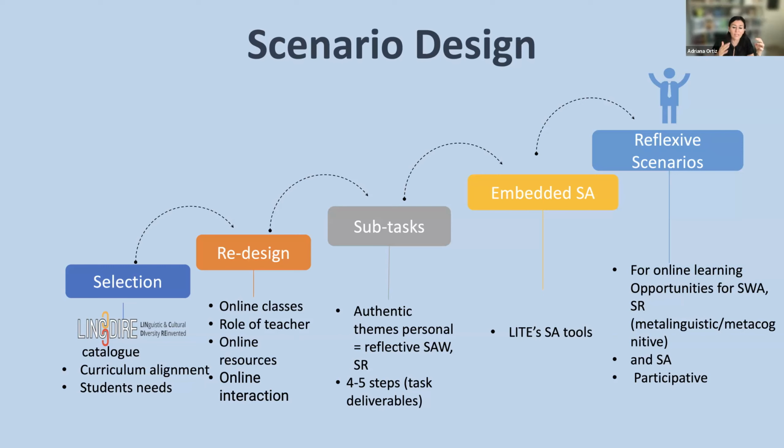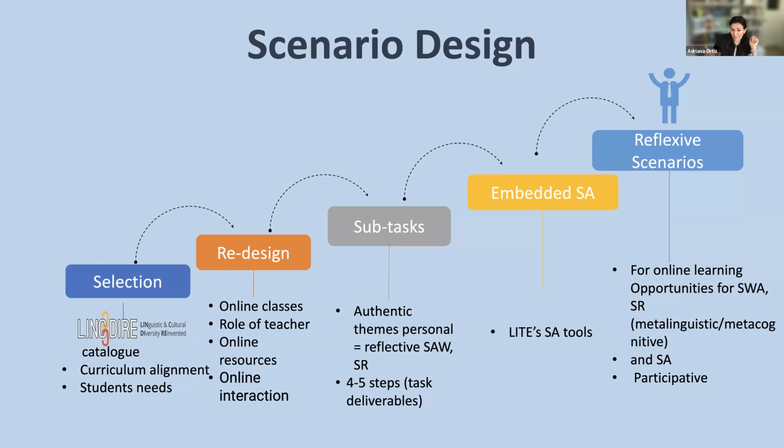The result was scenarios with subtasks of an authentic nature, following an action-oriented approach, but with personal themes. The construct of each step encouraged self-awareness and self-reflection. It's still four or five steps, and in each step the student has to show something to the teacher, so the teacher has the opportunity to give feedback and also to mark.